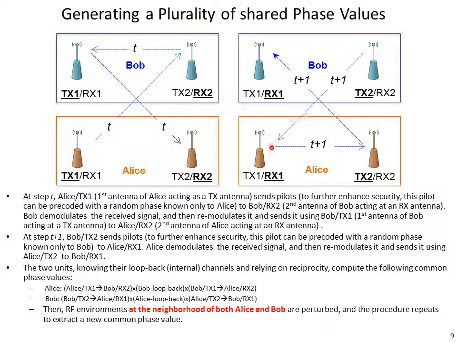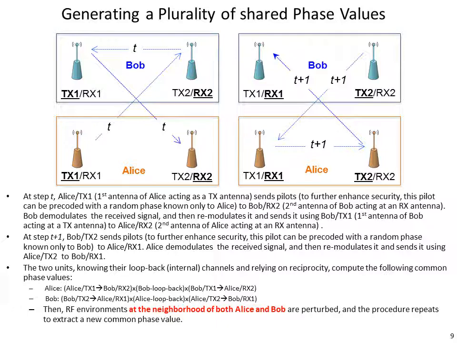as a transmit antenna, to send a pilot, which is received by the first antenna of Alice, which now acts as a receive antenna. The signal passes internally to the second antenna of Alice, which now acts as a transmit antenna, and finally Alice sends this over the air to Bob, which is received by the first antenna of Bob, now acting as a receive antenna.